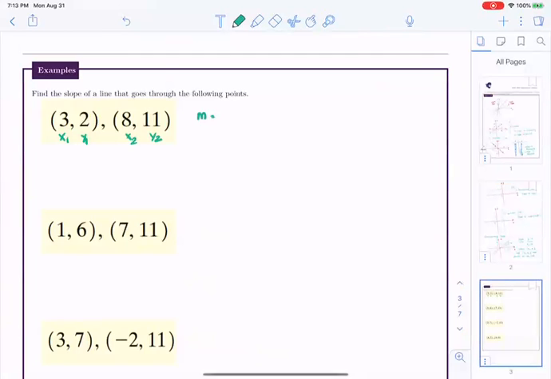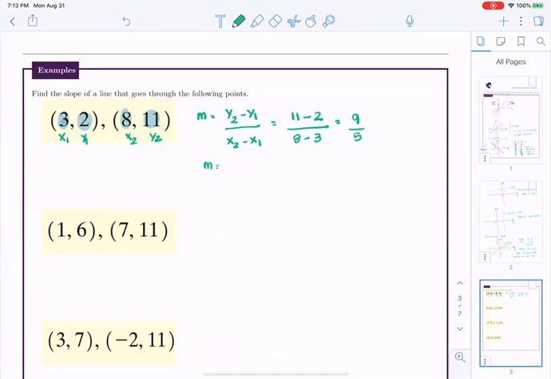So m would simply be equal to y2 minus y1 divided by x2 minus x1. y2 is 11, y1 is 2, so minus 2, divided by x2 is 8, x1 is 3. 11 minus 2 is 9, and 8 minus 3 is 5.